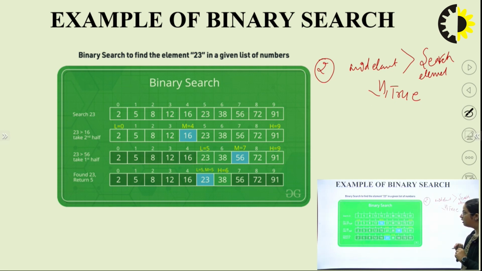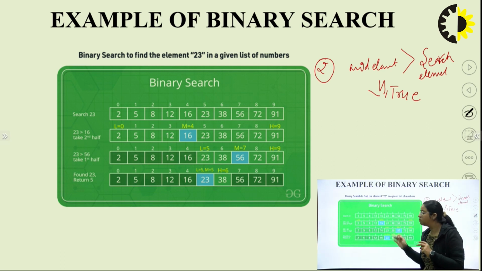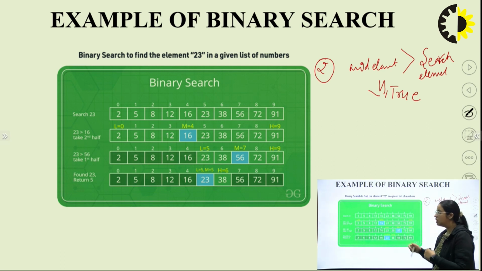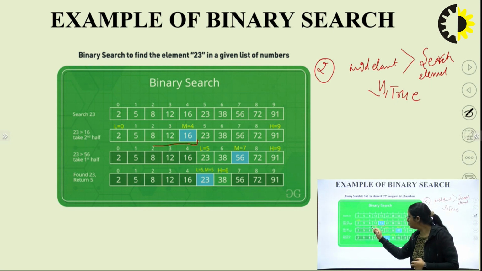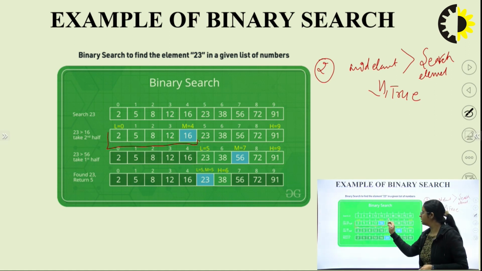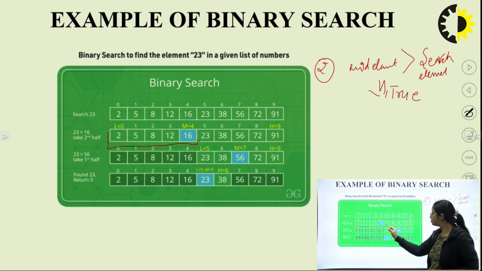Then we get to know that our search element must be present on the left side of the mid element, because the mid element is greater and the search element is smaller. Now we have to check in this particular array. We are not going to check the elements in the other array if our element is smaller than our mid element.